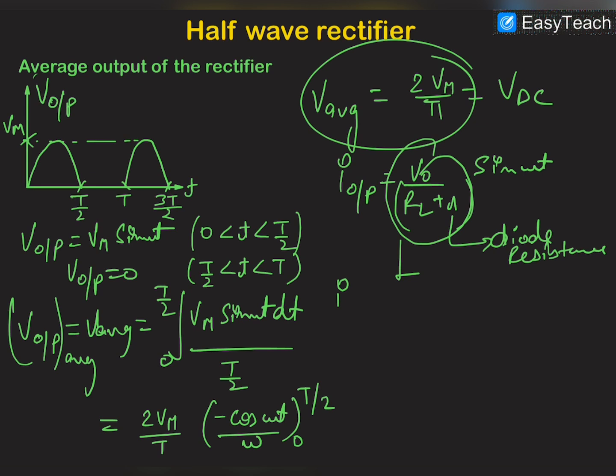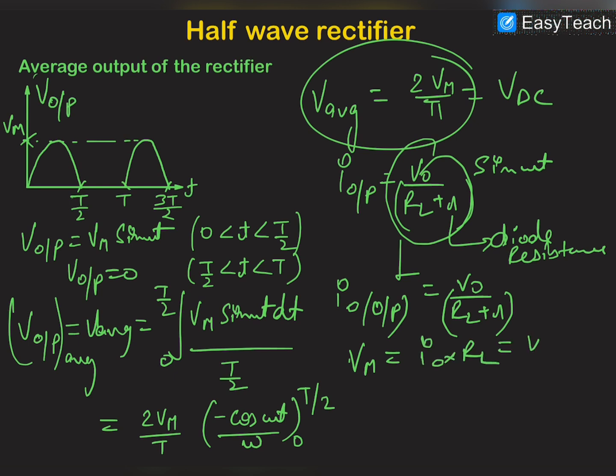Okay, so this is I output peak value, and this is V0 by RL plus R. This V0 is the output voltage, and we can say that Vm is the peak value of the output voltage which is received. So Vm will be equal to I0 into load resistance RL. So it is V0 RL upon RL plus R.